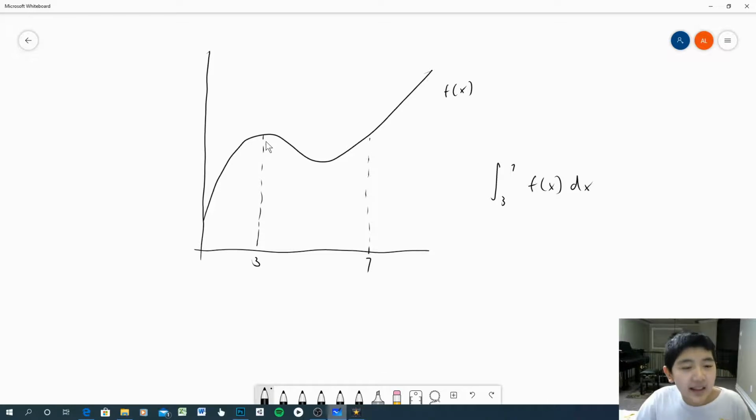So slicing thin rectangles and adding them up to form a big area, that's essentially what we're talking about with integrals. We're slicing something into thin slices so you can add them up to get the total thing.